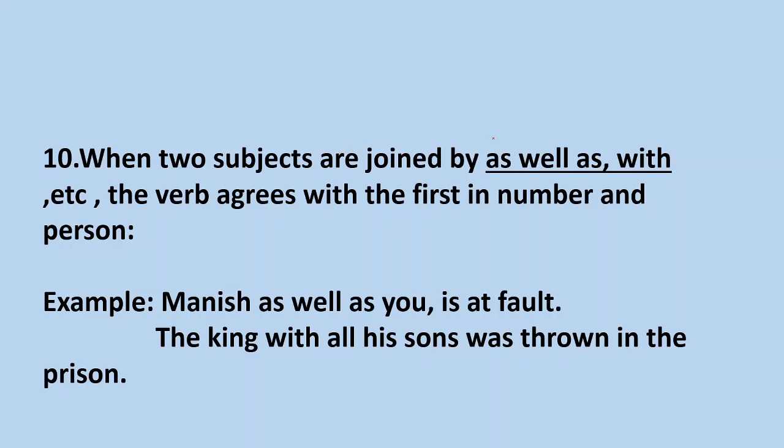Now the next rule is when two subjects are joined by "as well as" or "with", etc. When the two subjects are joined by as well as, with, along with, the verb agrees with the first in number. That is, the first subject. Manish as well as you is at fault.